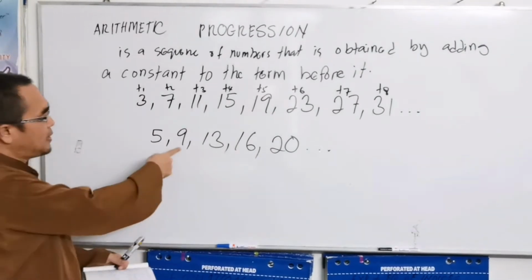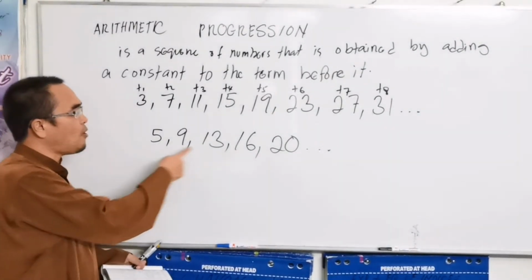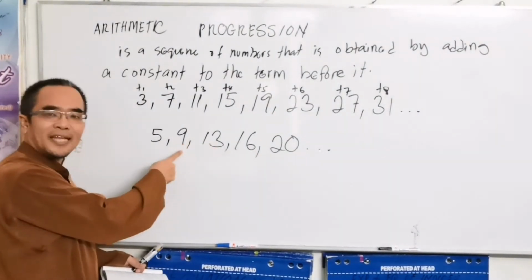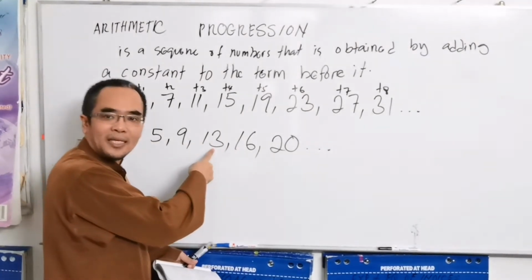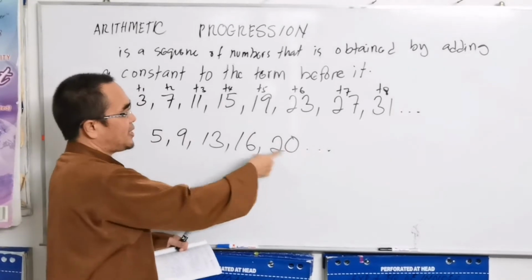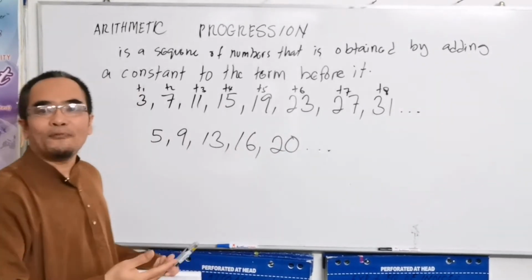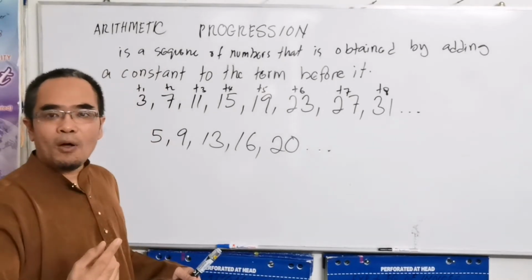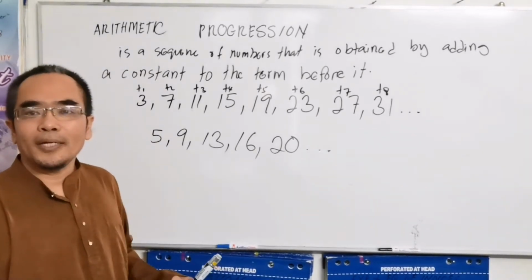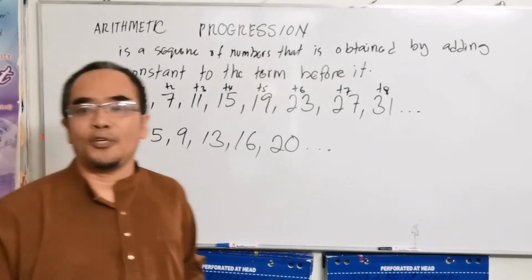But for this one, 9 minus 5 is 4, 13 minus 9 is 4, 16 minus 13 is 3, 20 minus 16 is 4. Only one of them is not 4, but still it is not an arithmetic progression.